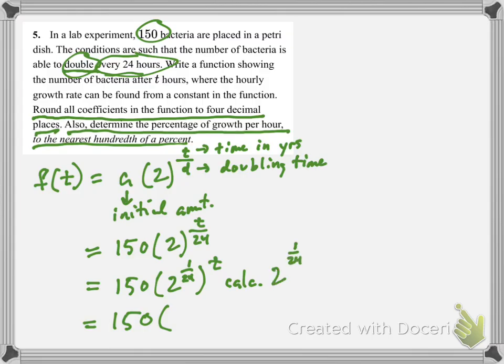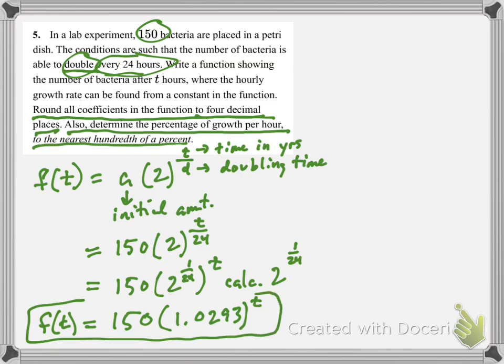And when I do that, I get 1.0293. Now remember, it said round to 4 decimal places. So I'm only going to use 4 decimal places here to the t power. Now, this is going to wind up being my function. So this is the first part of my answer.